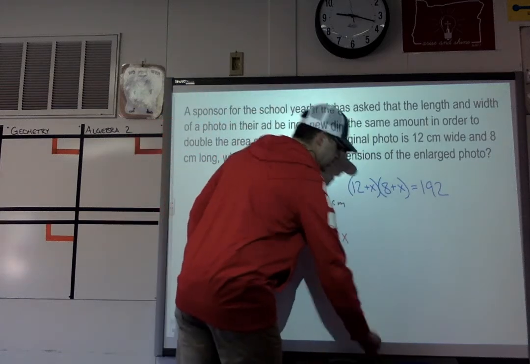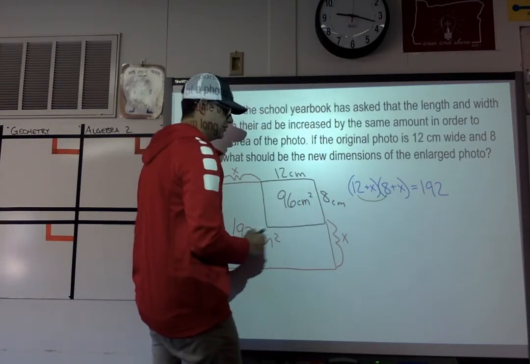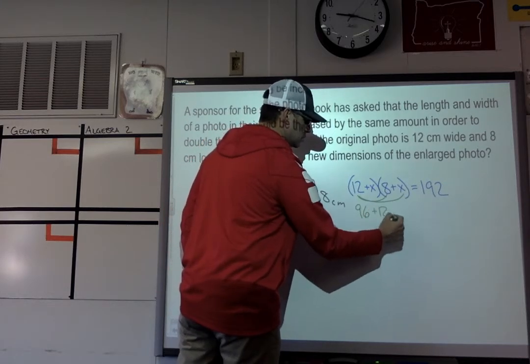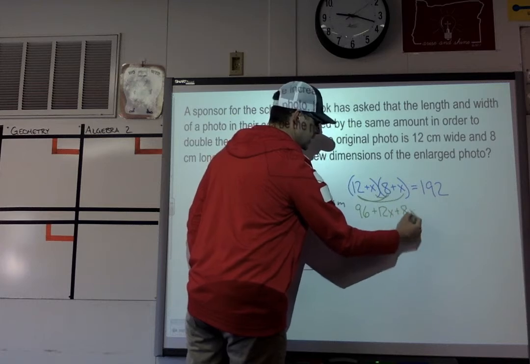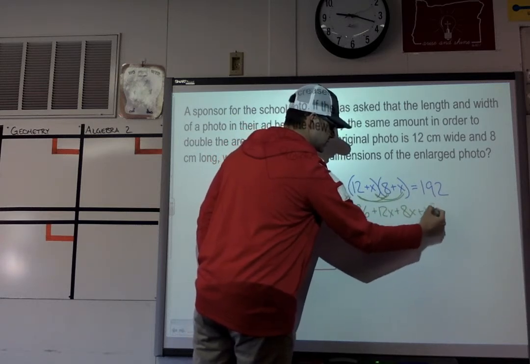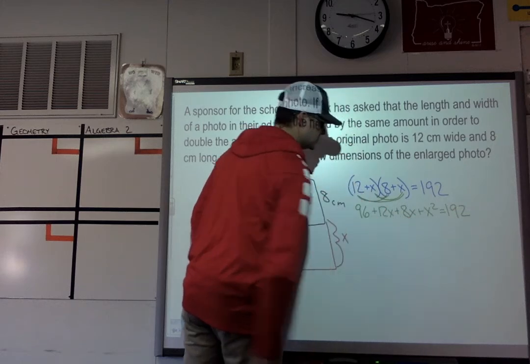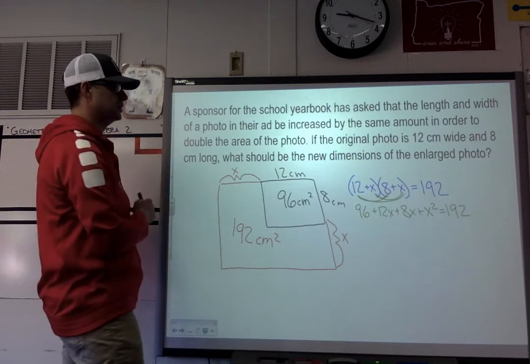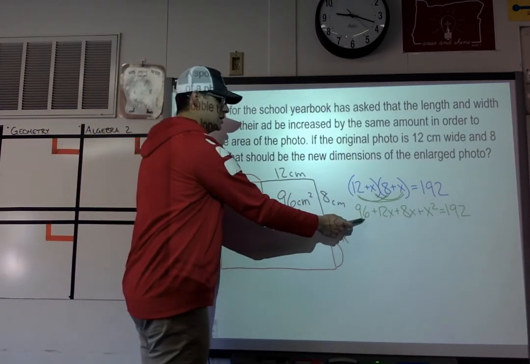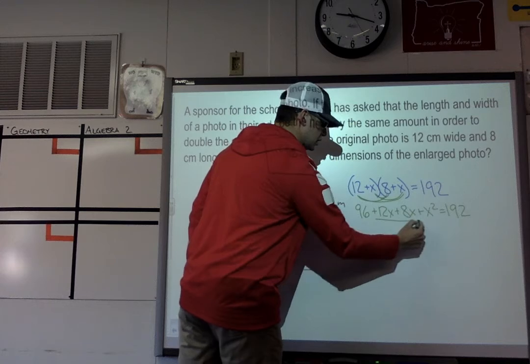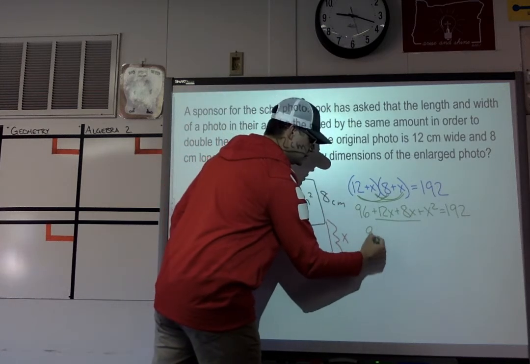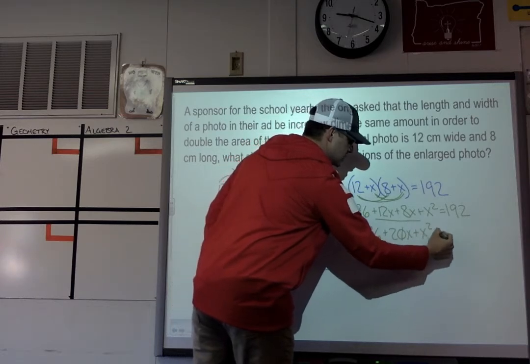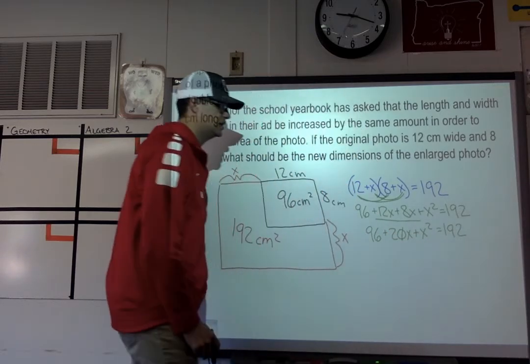So now I'm going to go ahead and FOIL these. 12 times 8 will give me 96 plus 12x plus 8x plus x squared equals 192. So again, in the end, what should the new dimensions of the enlarged photo be? So I need to solve for x here. I'm going to combine my like terms. So 96 plus 20x plus x squared equals 192.